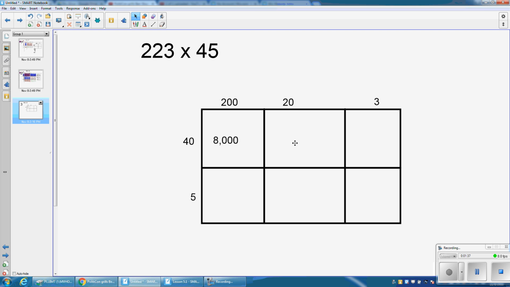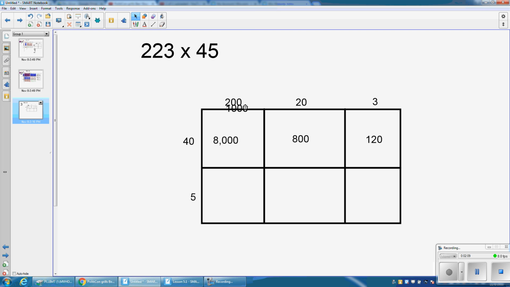The next spot over here is going to be 20 times 40. So again, 2 times 4 is 8, and then we have 2 zeros, 1 here, 1 here. So that's why that's 800 in this spot. And then we have 40 times 3, or 4 times 3, which is 12, and then we have 1 zero in our problem, so we place a 0 at the end of our number there. Same thing, bottom row. So 200 times 5 is 1,000.